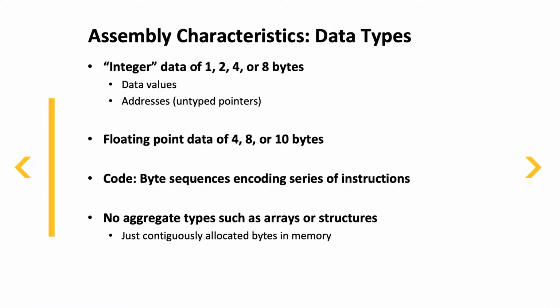So let's talk about a few more terms and ideas that we want to keep in mind as we begin our study of assembly. We have "integer" data, in quotes, of 1, 2, 4, or 8 bytes in length. These can be data values, or they can be addresses, which are untyped pointers. They can basically just point us to memory locations. We get floating point data of 4, 8, or 10 bytes.